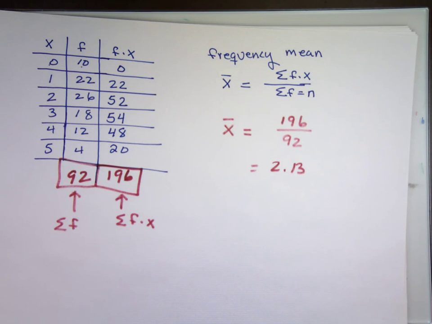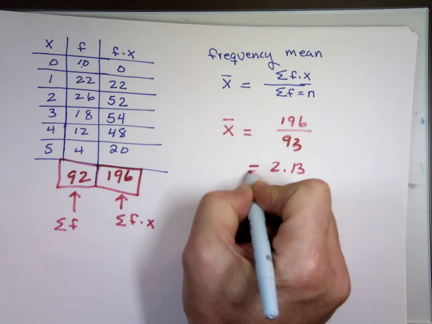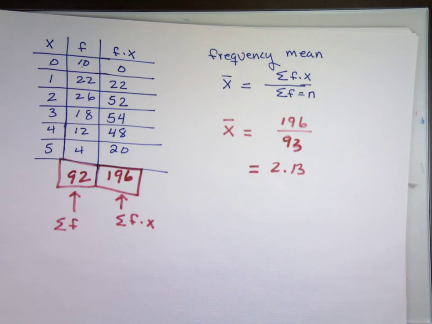So the sample we tested has 2.13 siblings. When you have a frequency distribution table, you have to use that formula.